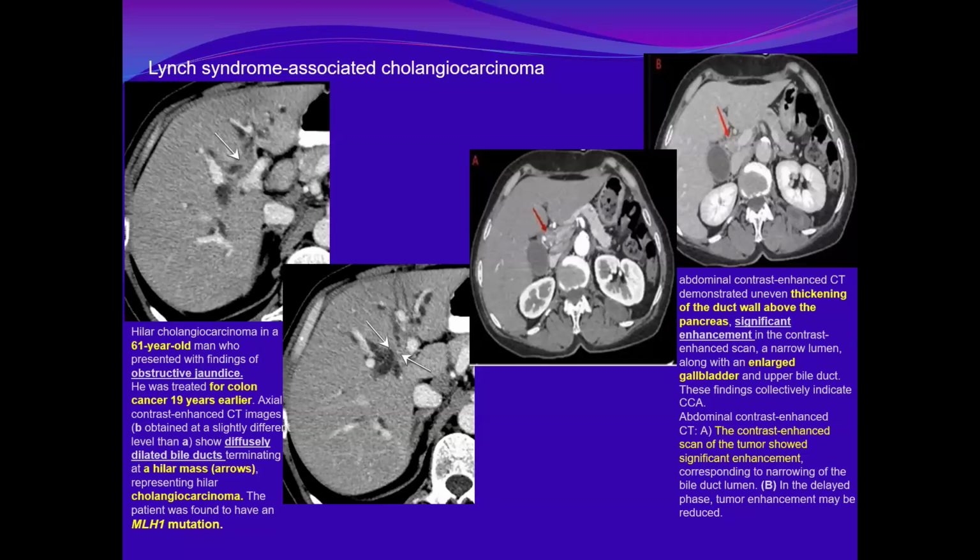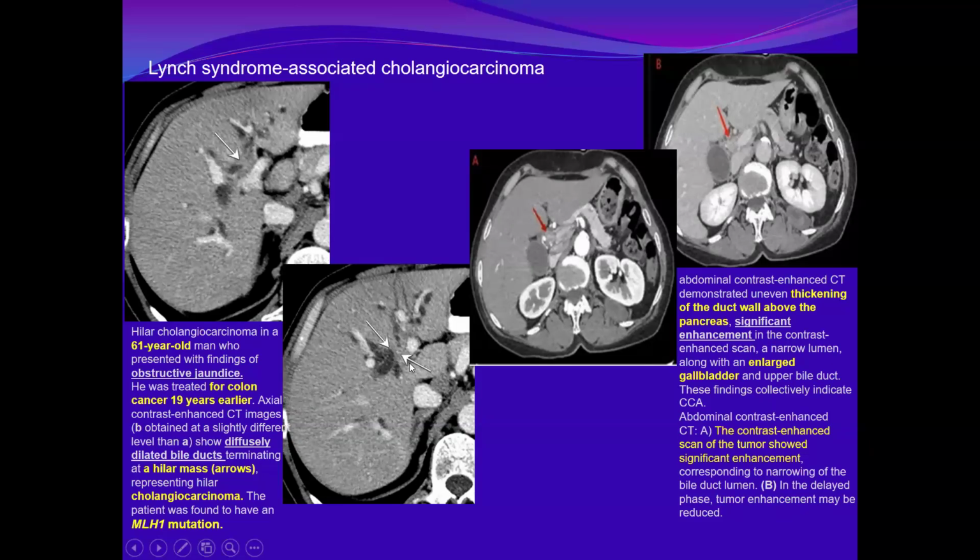Okay, so Lynch syndrome associated cholangiocarcinoma is also one of the Lynch syndrome associated cancers. Here are 2 examples. Here, this is an enhancing mass, very obvious in the porta hepatis, but this is very subtle.